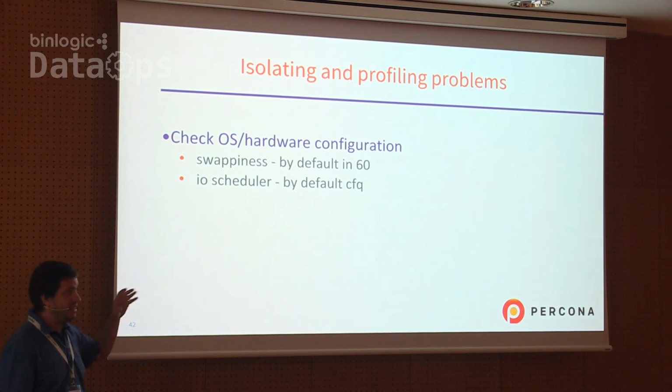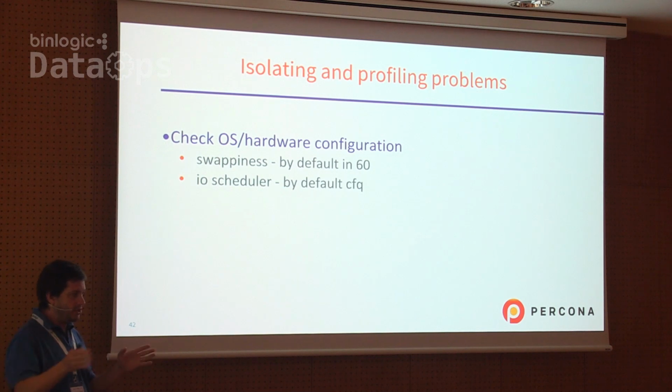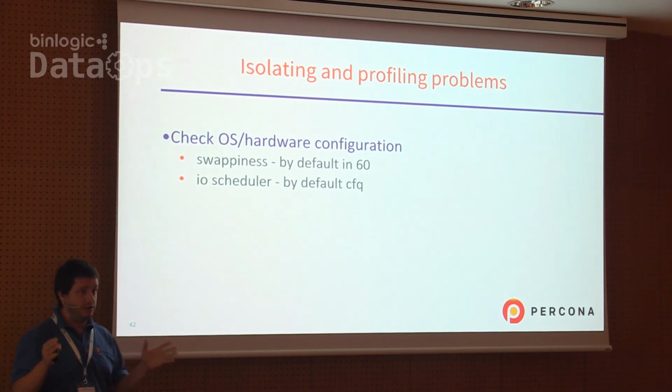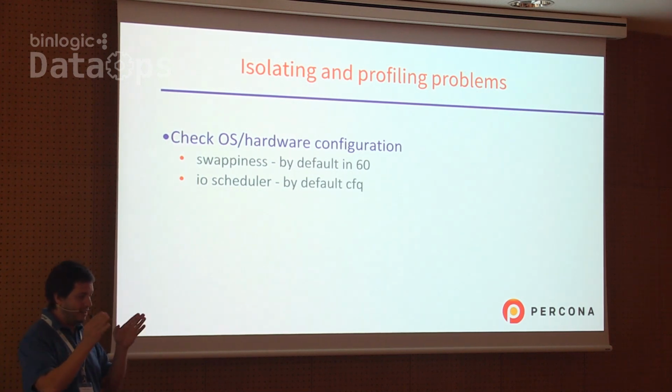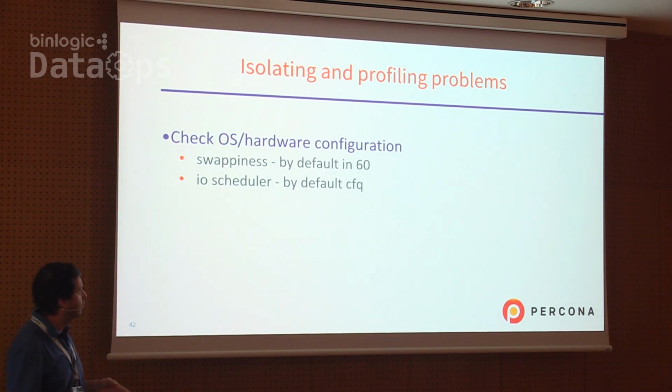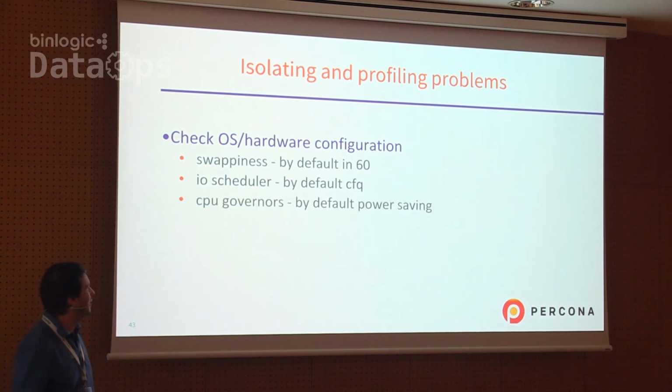CFQ basically sets a portion of time for each process running in the server. It assigns time to use the I/O queue. So there is no priority. All the processes have the same level of access to I/O, which is not good. Even top, for example.